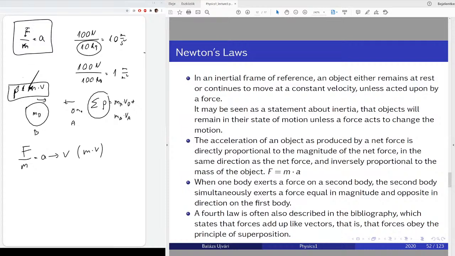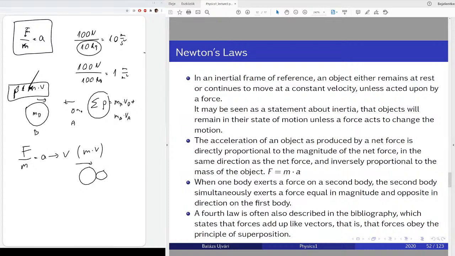When there is, for example, a collision, and one body exerts a force on the second body, the second body also exerts a force on the first one, and the magnitudes are the same, but the direction is opposite. So let me check the moment of the collision.